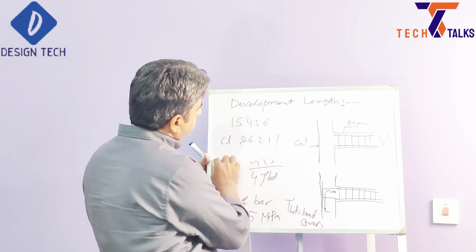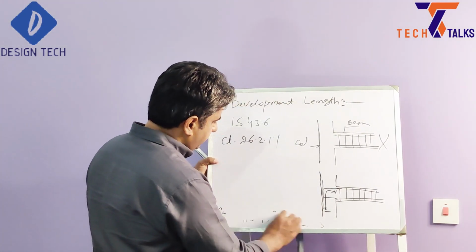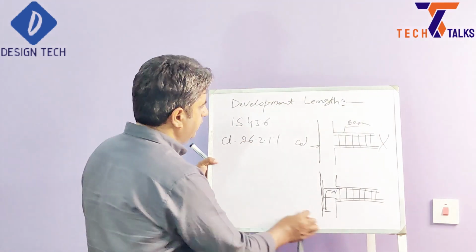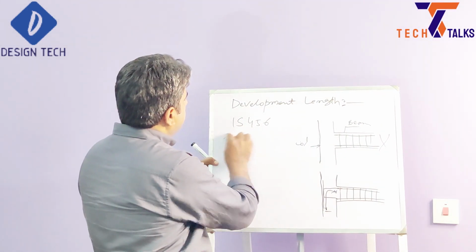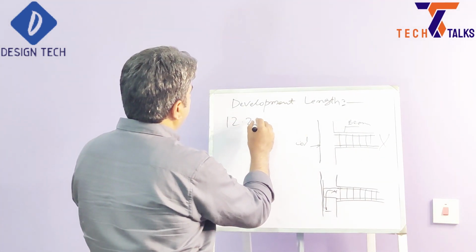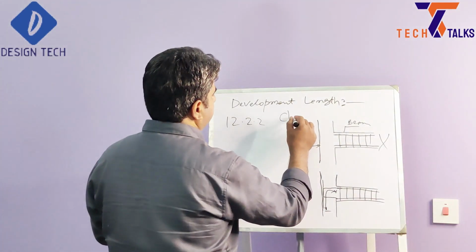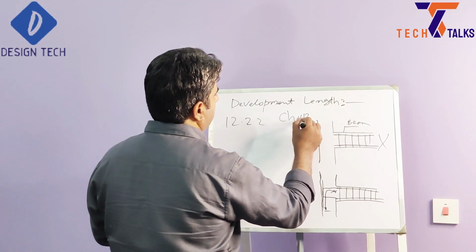When you are using ACI code, then there will be different formulas which we are using to calculate the development length. Then you need to go for clause number 12.2.2, chapter 12.